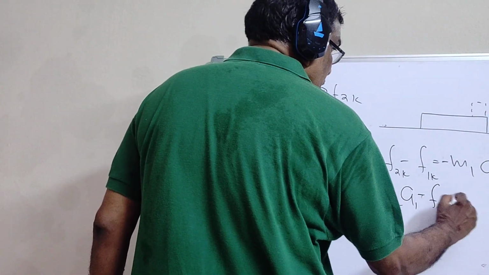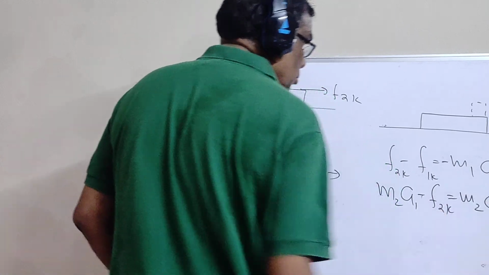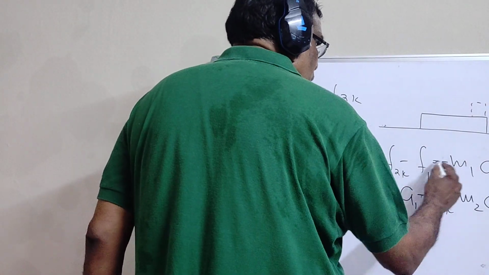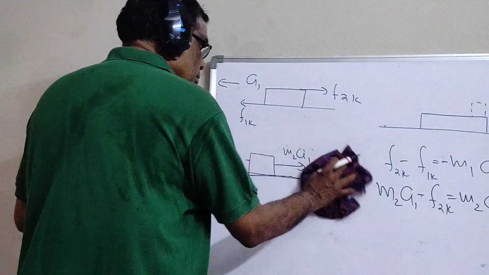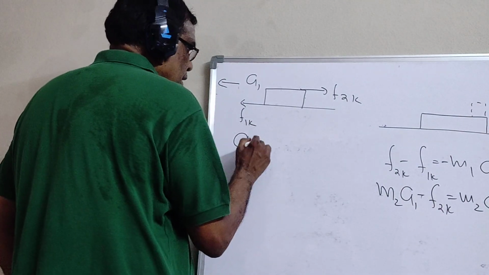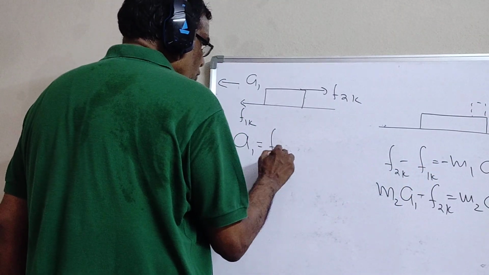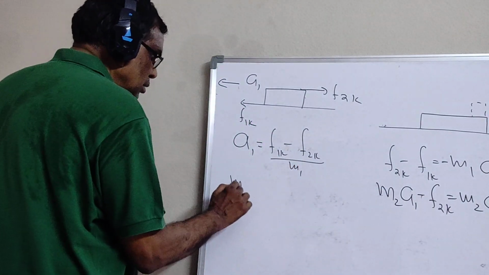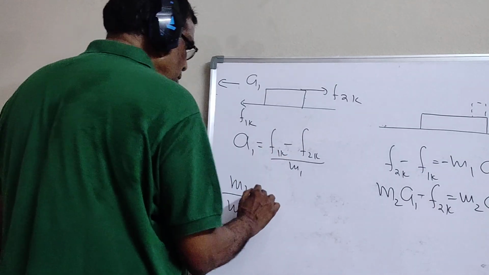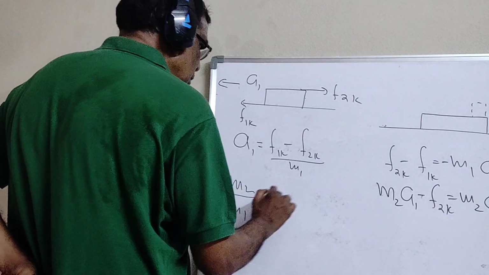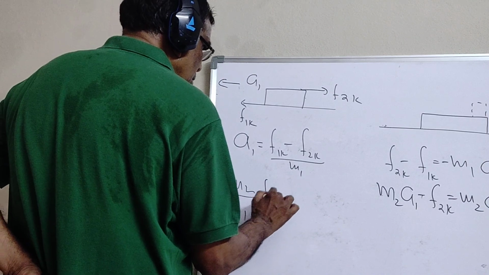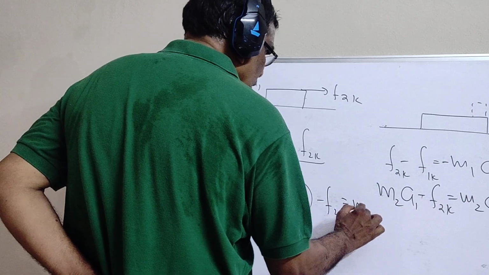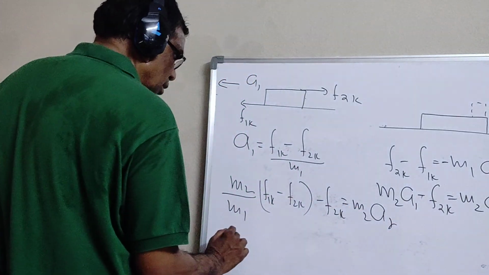So what do you write? M2A1 minus F2K is M2AR. Now, A1 you eliminate as before. So, how do you write A1? I am writing A1 here, F1K over M1. So substitute M2 by M1, F1K minus F2K is M2 AR.